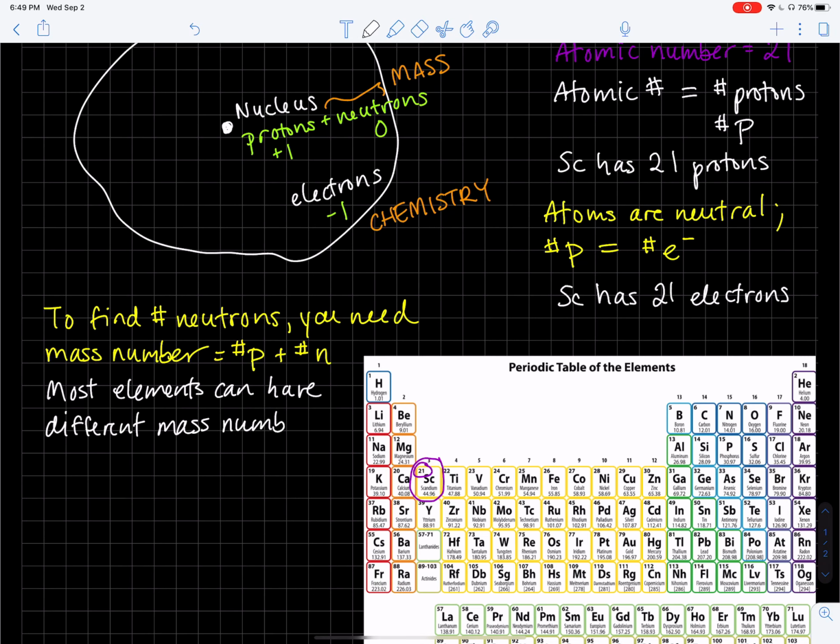So, for instance, I'll start with scandium that has the mass number equal to 45. That is a thing that exists. And we write this, by the way, when we are specifying the mass number, we write the mass number in the upper left corner next to the atomic symbol, Sc.